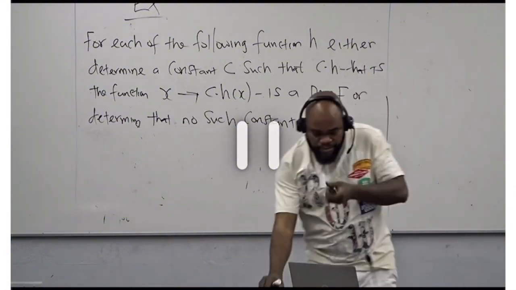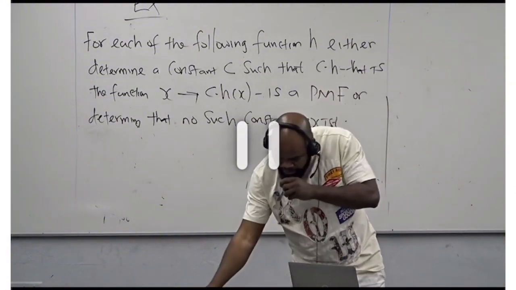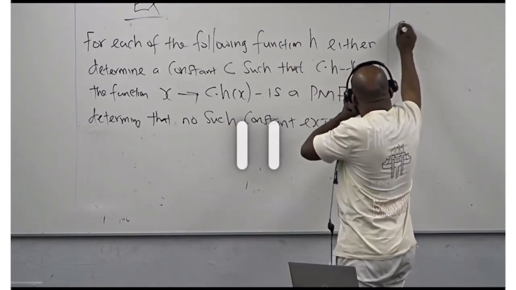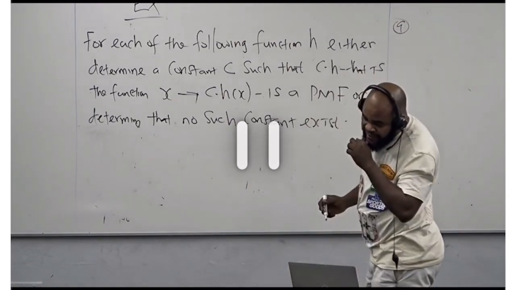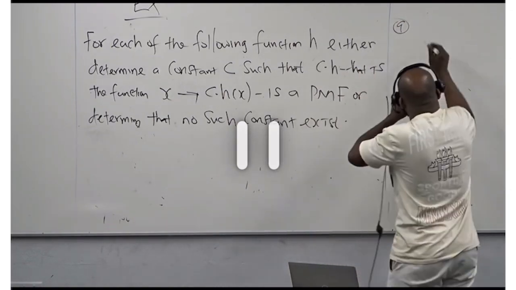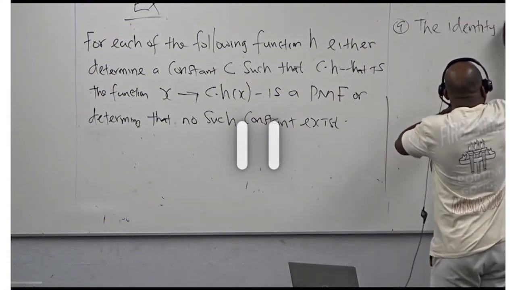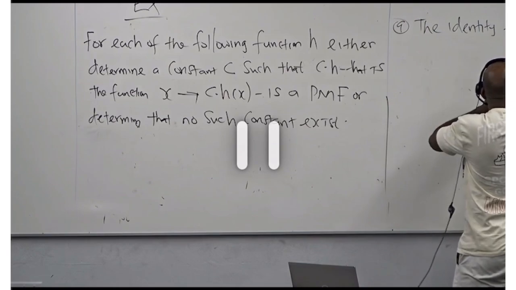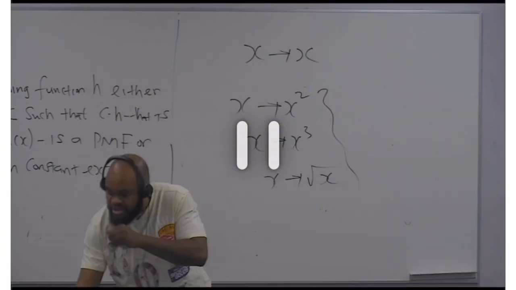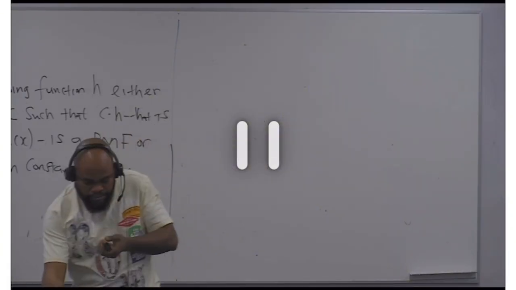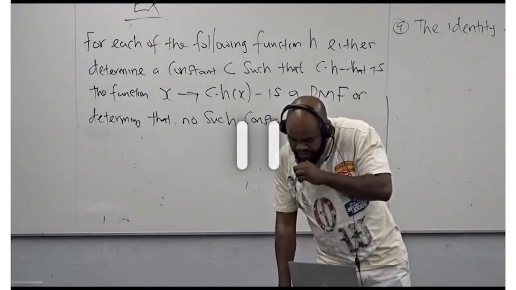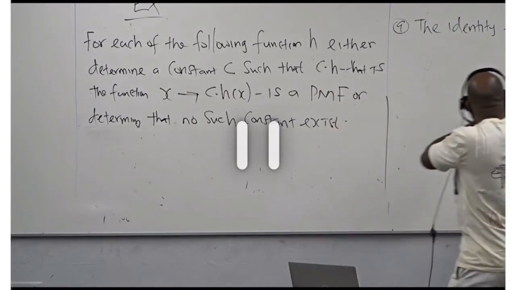The first one, A: the identity function on the set 0, 1, 2.